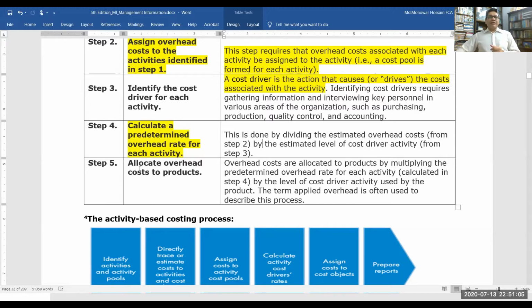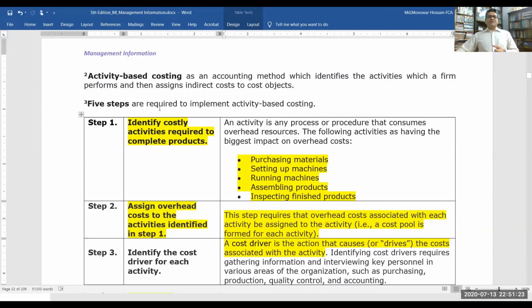And then step 5, allocate overhead cost to the product. Overhead costs are allocated to products by multiplying the predetermined overhead rate for each activity. Basically, we can say there are 5 steps.